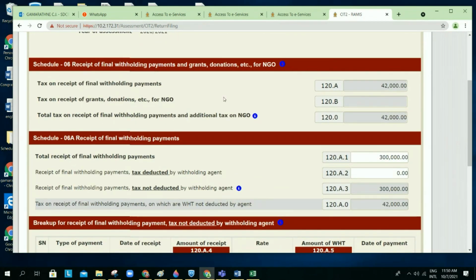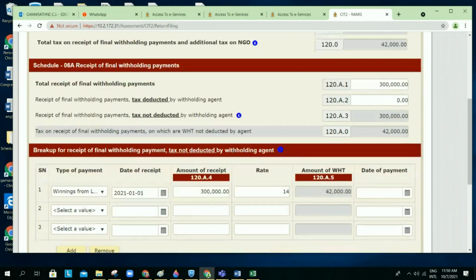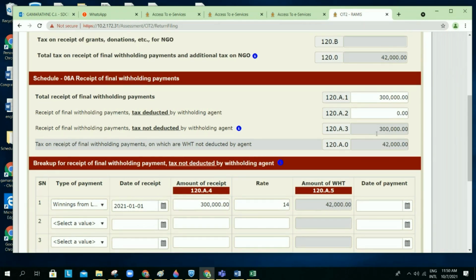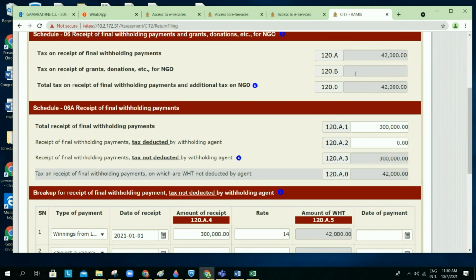The top part is the summary part. Liabilities are available here. Total withholding payment and additional tax on NGO values go to the main return, page 120.